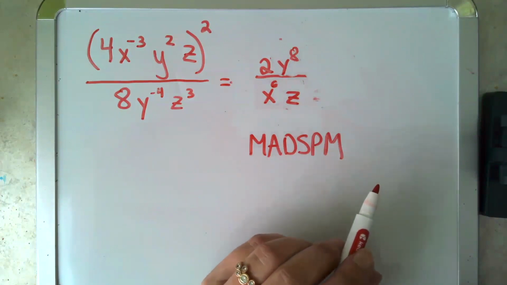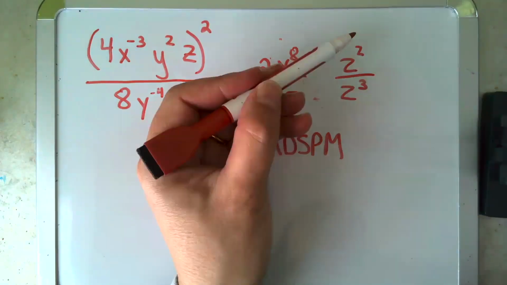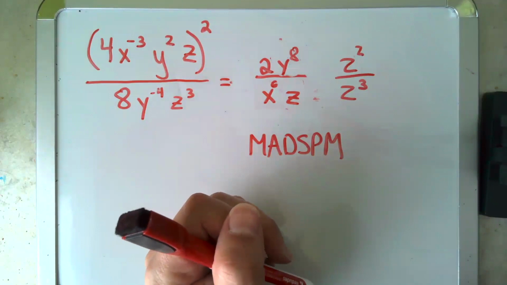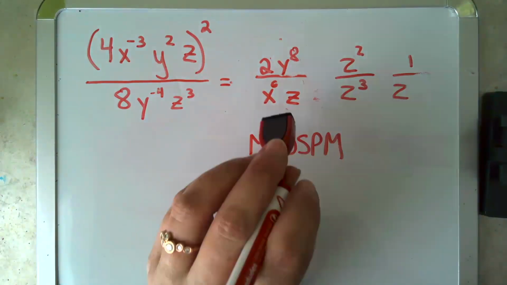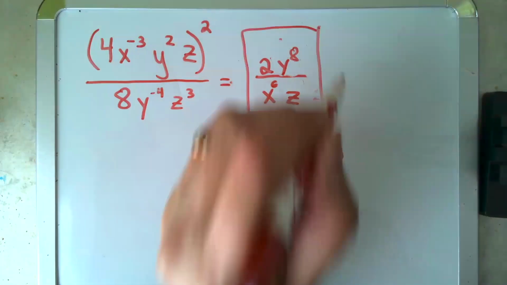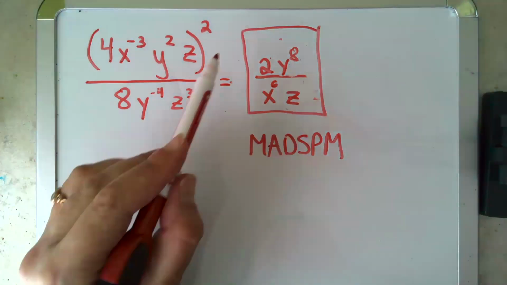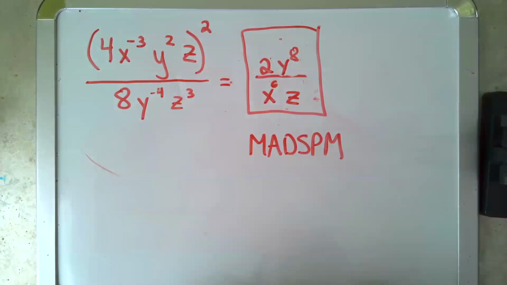Now, the other thing we could have done there is subtract in the other direction and make that 1 over z to the 3 minus 2 on the bottom, which is just 1 over z on the bottom. So that would be the more direct way to get there. But that right there is our simplification of this first problem.